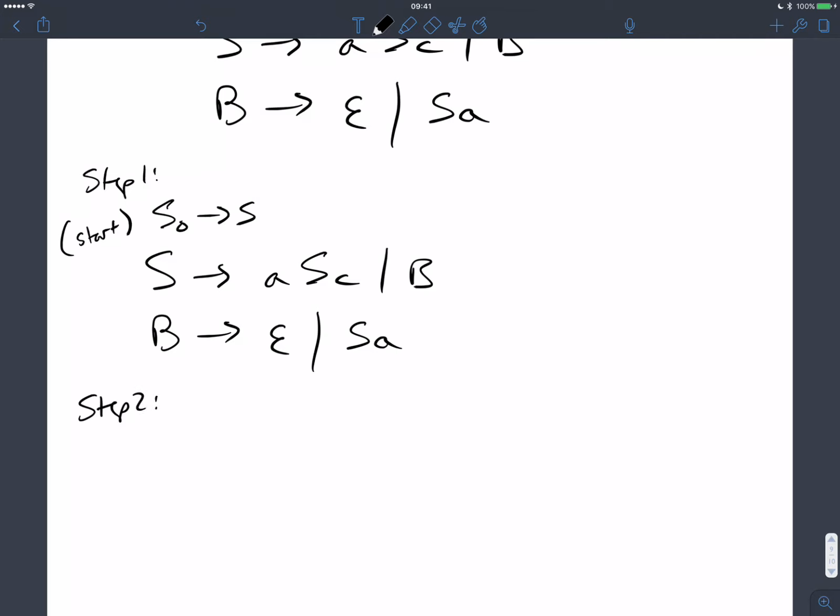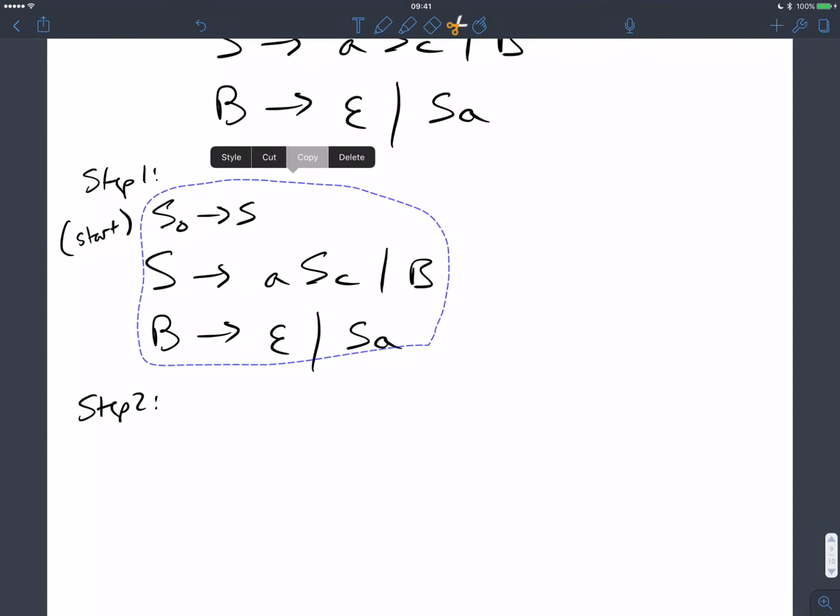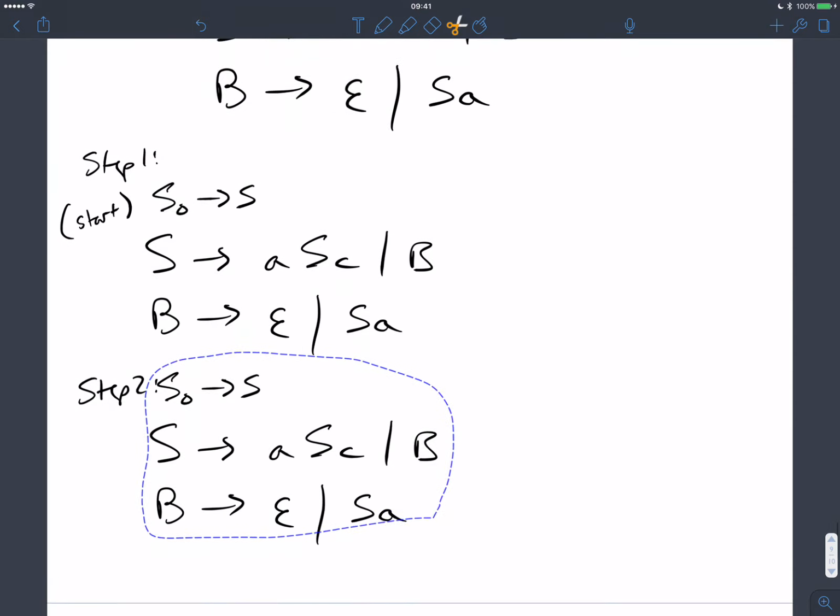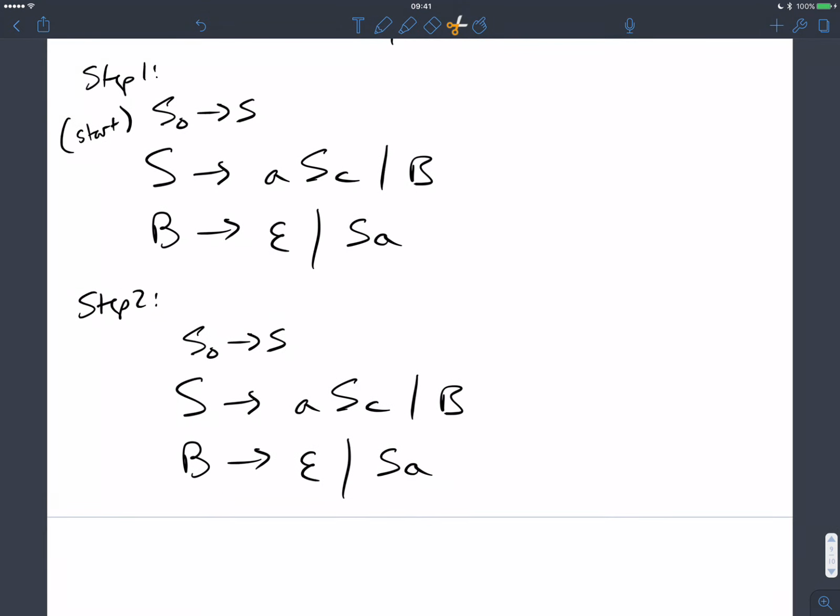That actually rhymed. So what do I need to determine here? Nullable variables. What are the nullable variables in this grammar? B makes epsilon directly. Is S nullable? Yeah, because it has a rule where every single variable on the right-hand side is nullable, which is B in this case.